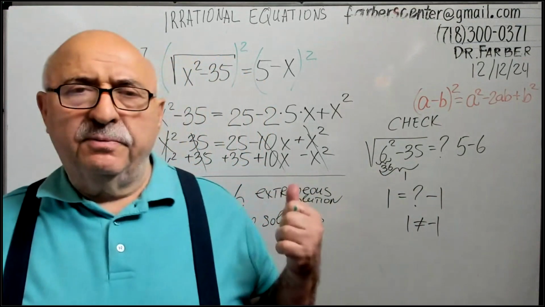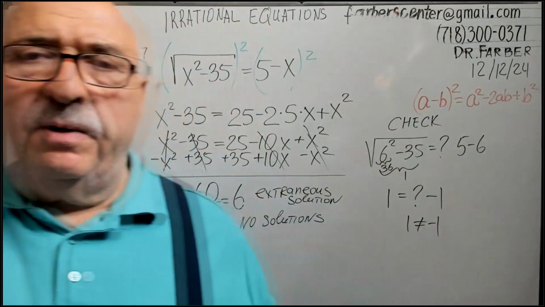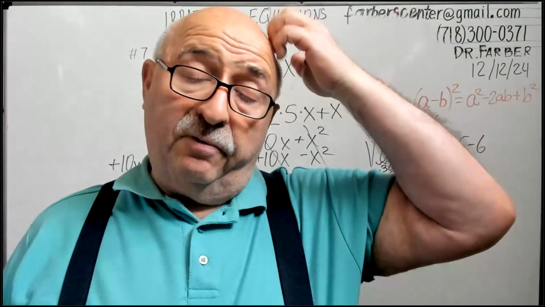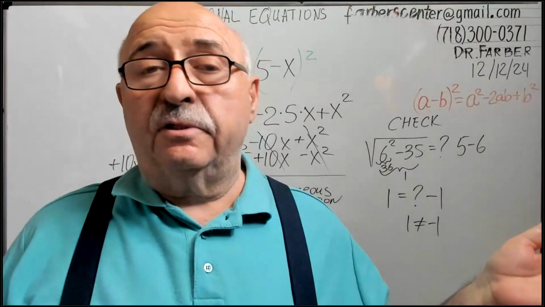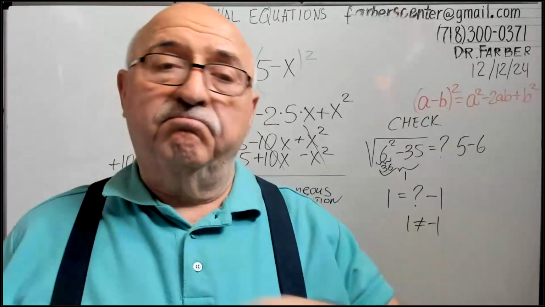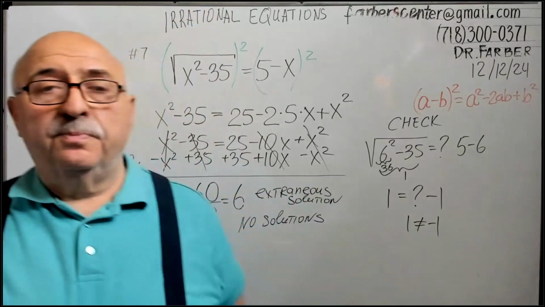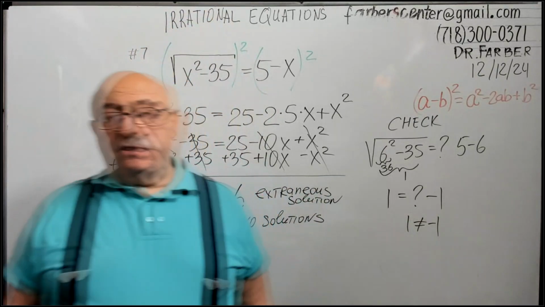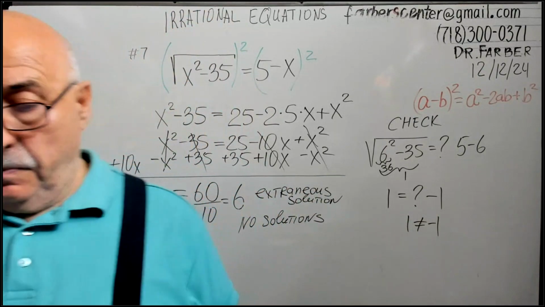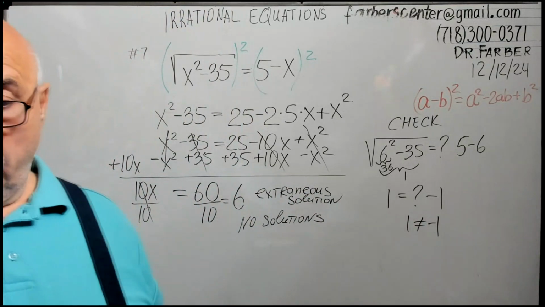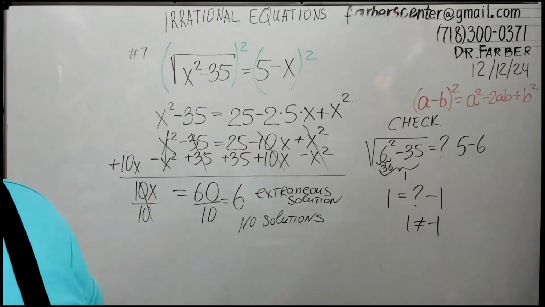Is it impressive? You solve everything very proudly, and usually, if it's multiple choice, they put A is 6. You're so happy, you put 6. But this is no solution. Who understands this 100%? Okay, Emma, Ariel.